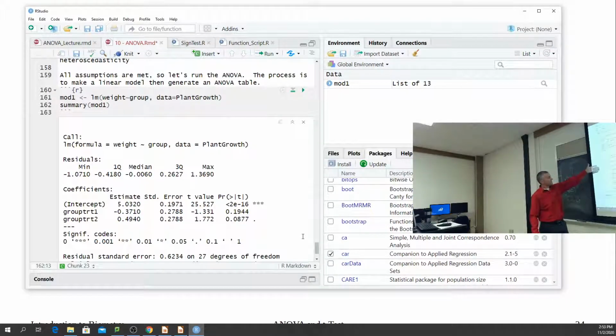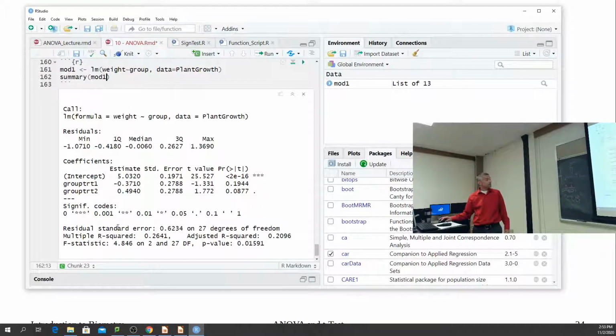Likelihood methods, residuals, coefficients, scroll down, model fit information. All right. So what are all of these things? Residuals is a measure of if we met our assumptions.